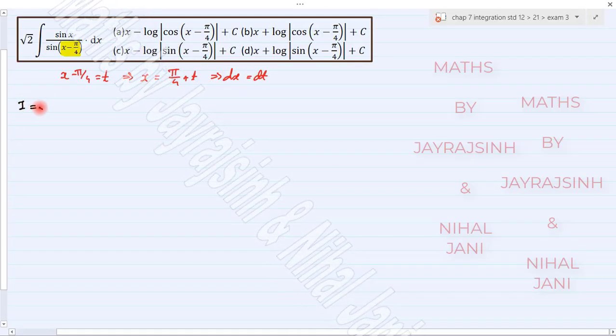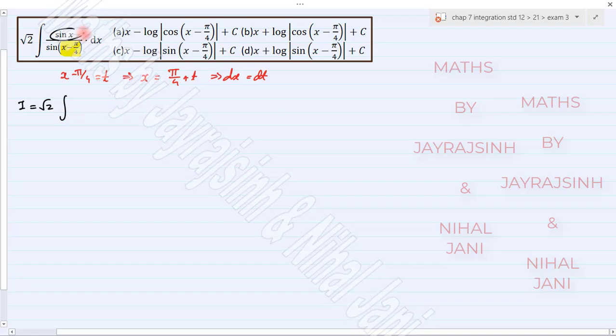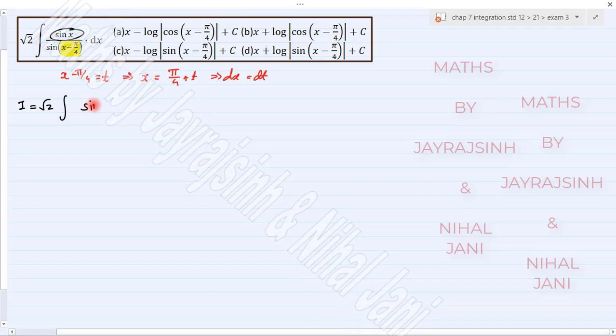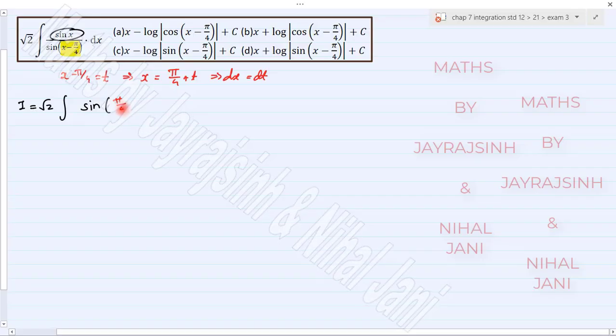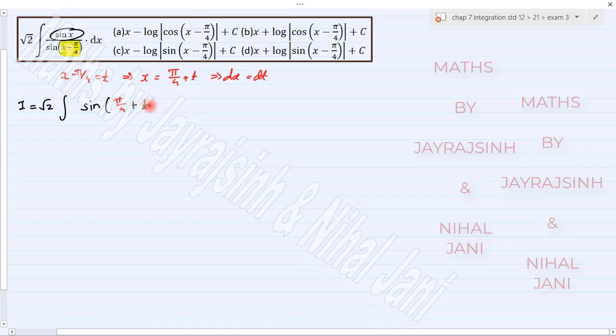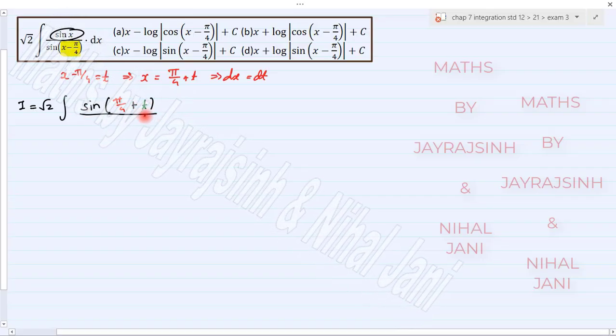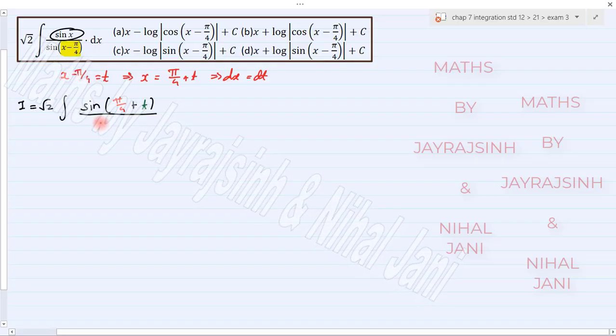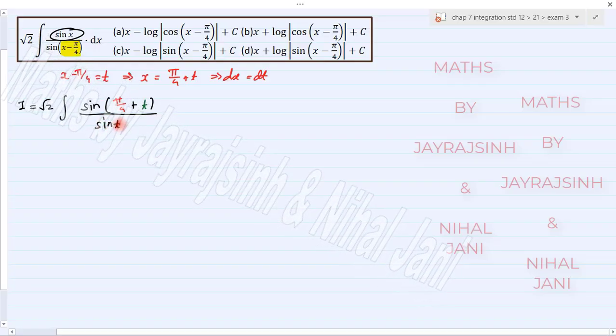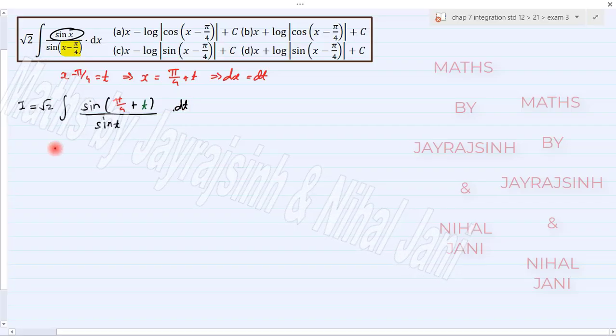So we are ready to modify our integration. Your sin x will be converted into sin of pi by 4 plus t, and in the denominator, this sin of x minus pi by 4 will become your sin t dt.